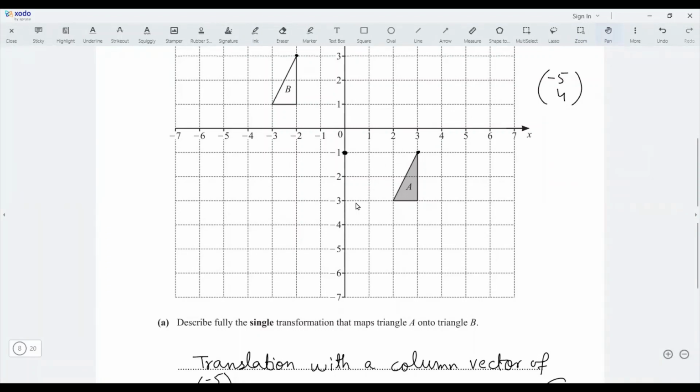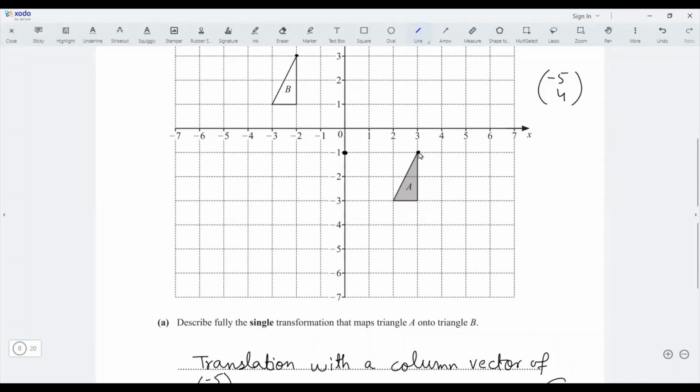So what we have to do, they're saying that the scale factor is positive. Positive means that it is not upside down. It will be as it is. But what about the integer value? Integer value means the shape is expanded, not contracted. So we have to draw lines from each of the points through that center of enlargement.